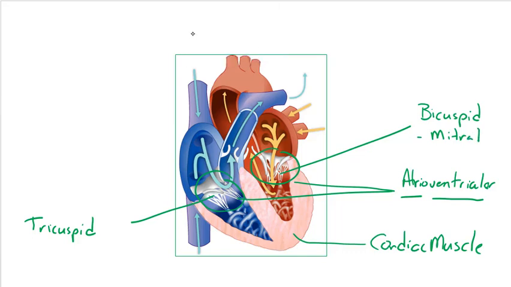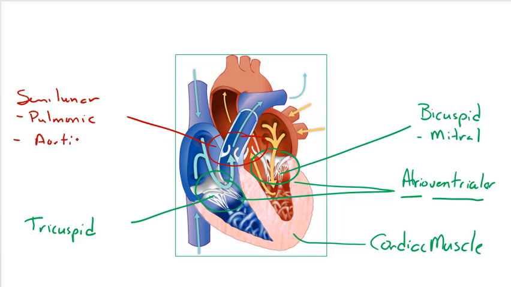We also have what are known as semilunar valves. These are located in the 2 major arteries leaving each ventricle, the pulmonary artery and the aorta. They're located here on our illustration. Their names are pretty simple. The pulmonic valve in the pulmonic artery, the aortic valve in the aorta.